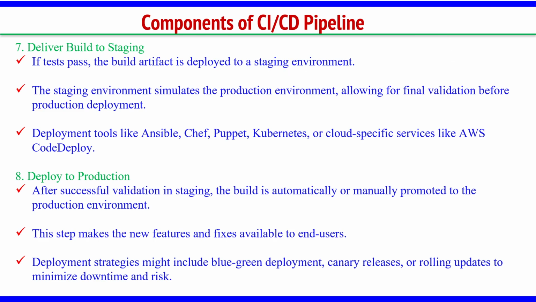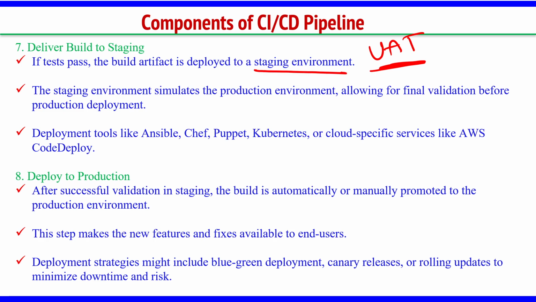The staging environment is something like a testing environment, or it could be called a pre-production environment. Before taking it to the actual production, it is like a pre-production. Sometimes we call it a UAT environment. Some companies follow this strategy and call it a UAT environment, the user acceptance testing environment. That's also a staging environment.